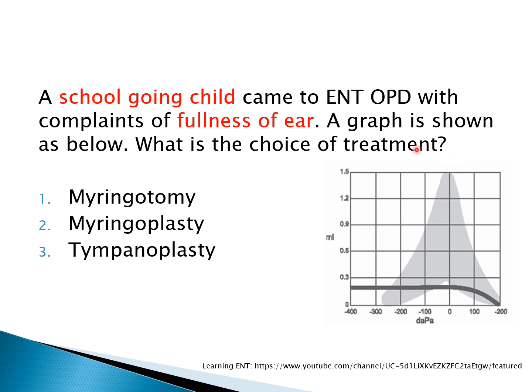So this is an impedance tympanogram showing a type B curve. Now we know that we get a type B curve when there is fluid in the middle ear, like in secretory otitis media, and the history also corroborates it, that is, the patient is a school going child. So the surgical treatment for secretory otitis media is myringotomy. So this patient will require myringotomy. Here they are testing our knowledge of the tympanogram, so we should know it.